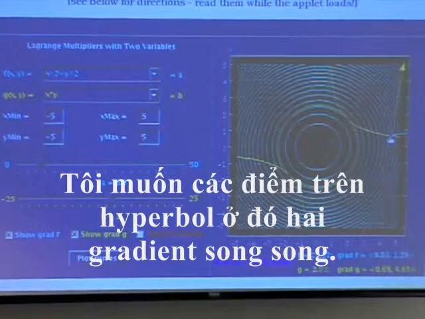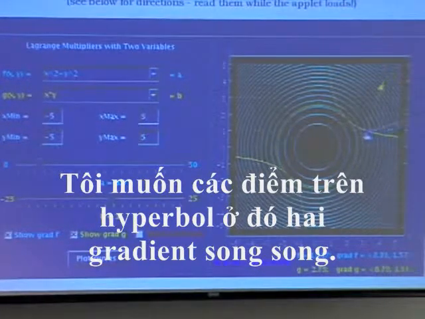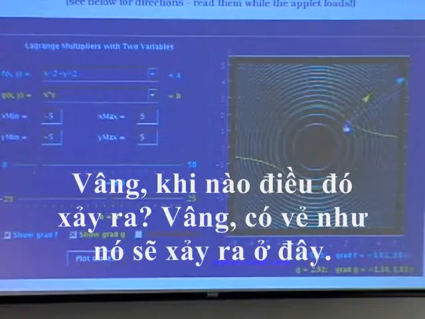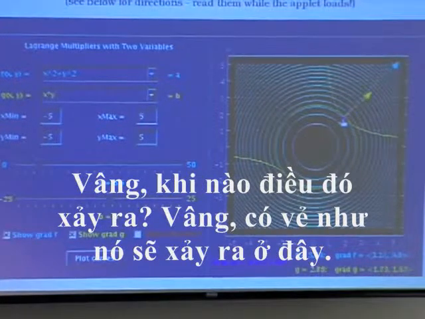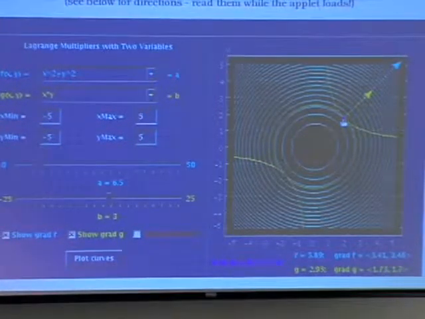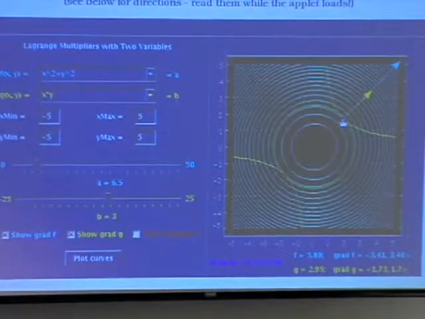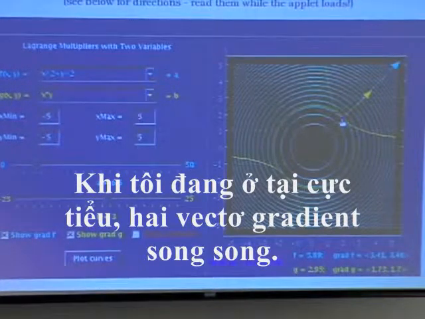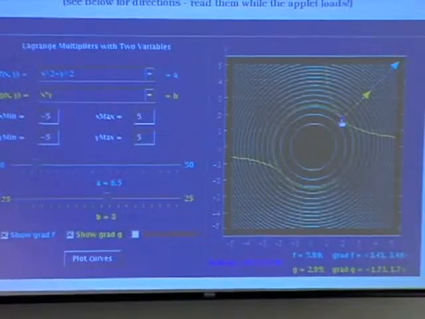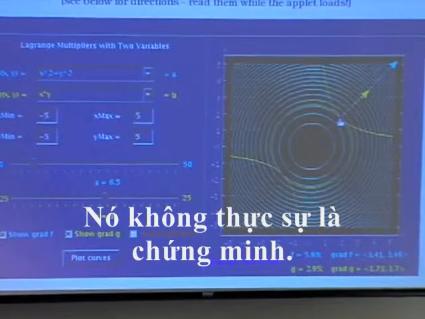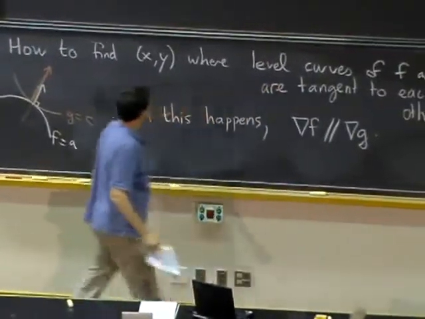I want points on the hyperbola where the two gradients are parallel. Well, when does that happen? Looks like it will happen here. Okay? So see, when I'm at the minimum, the two gradient vectors are parallel. It's not really a proof, it's an example, but it seems to be convincing. So far, things work pretty well.